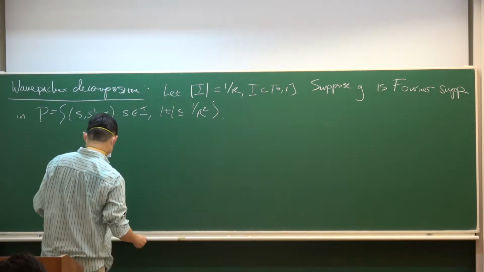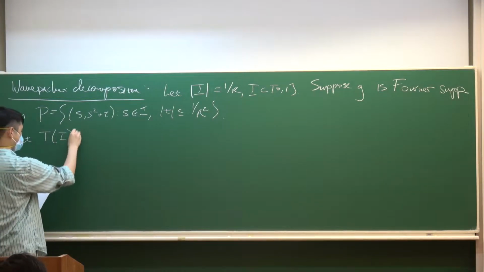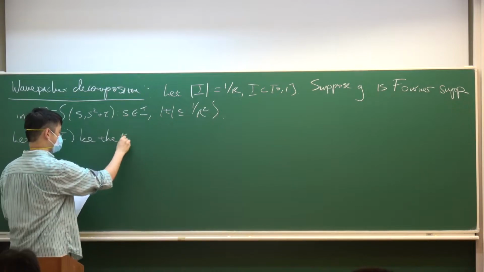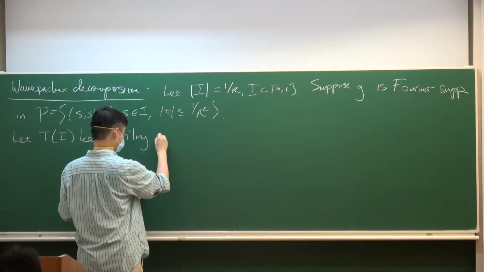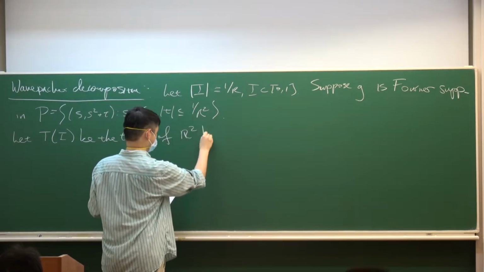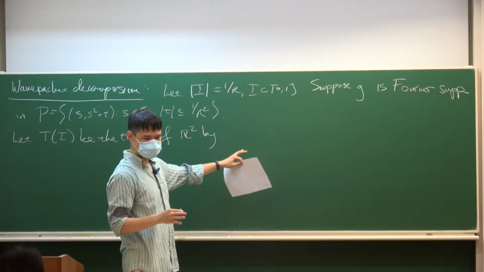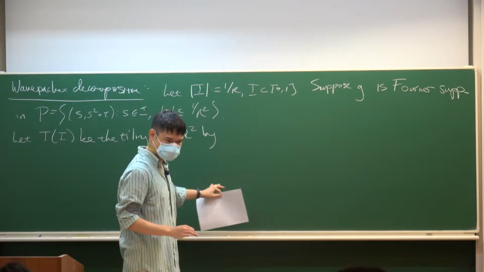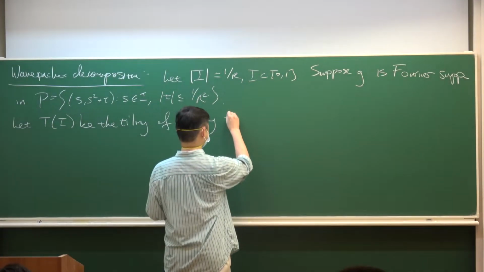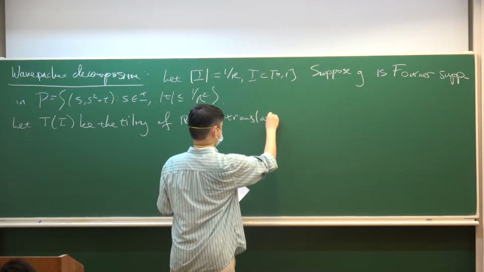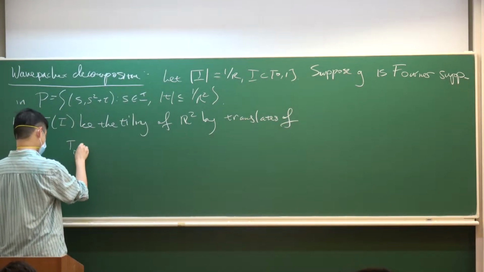And then we're going to let T_I be the tiling of R^2 by translates of this tube, which I'm going to call T_0. So I'm going to write down all these definitions first, and then I'm going to draw the picture, and then you don't need to look at the definitions anymore.